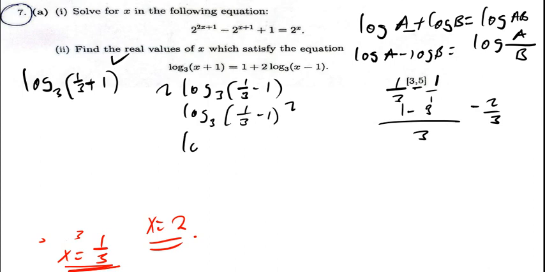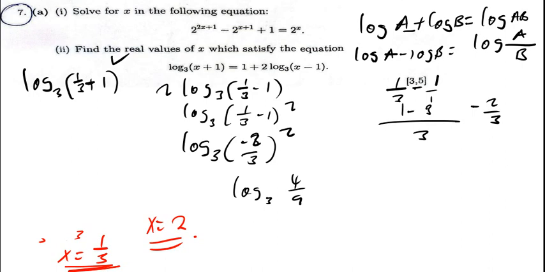Now I have negative 2 over 3, but it's squared. If I square it, it's going to be log base 3 of 4 over 9, which I don't have a problem with. It's now positive, meaning that it is part of the solution.